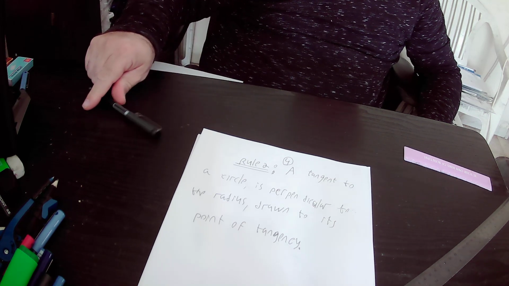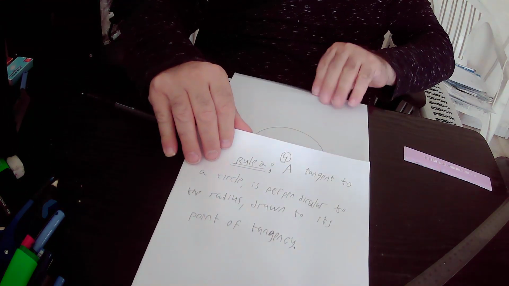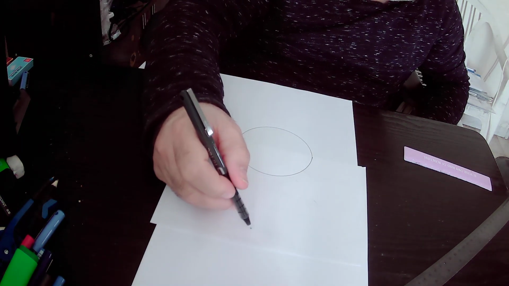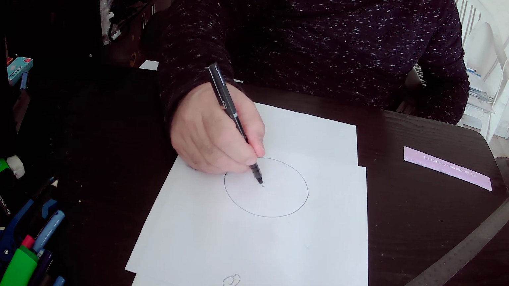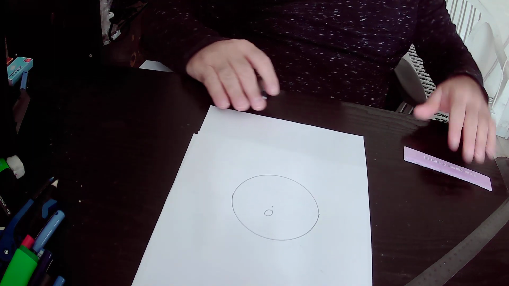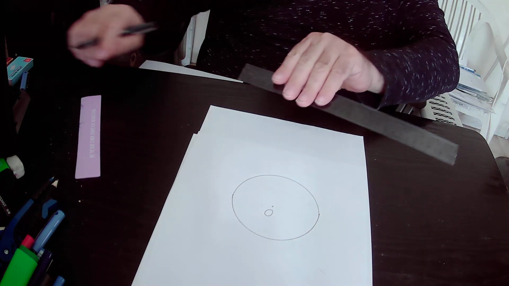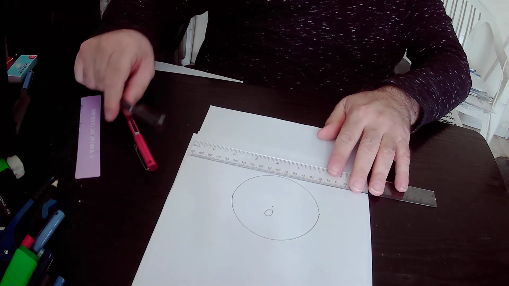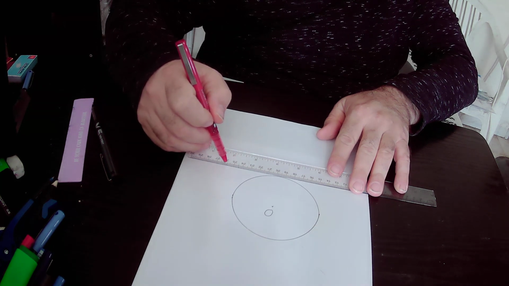So what is the meaning of rule number 2? The meaning is that if you have this circle, and suppose the center of this circle is at point O, and we also have tangent AB to this black circle.